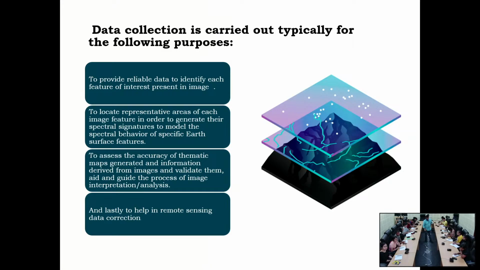There are various types of field spectroradiometer. A handheld one is there, then you can carry it on your back, and then a gun type is there. Geologists are basically using it for mineral exploration and all. But nowadays it is becoming popular in agriculture also.